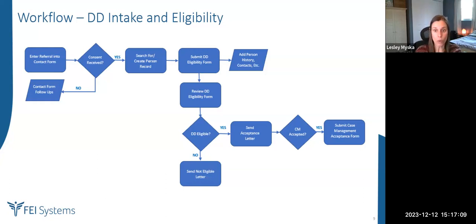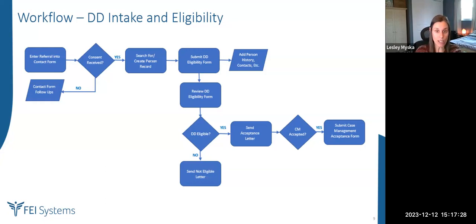Then once your supervisor has a chance to review the DD eligibility form and determine whether the person is DD eligible or not, the templated letter can be created using the letters and docs feature in the person's record.